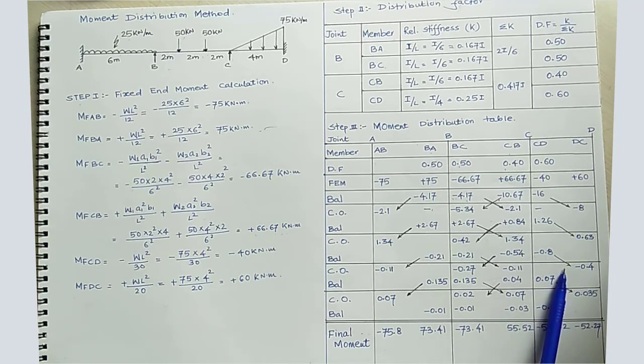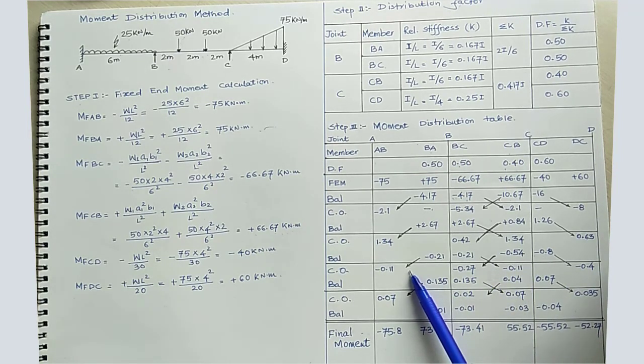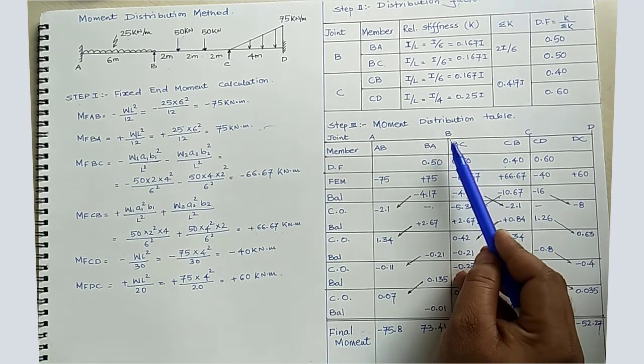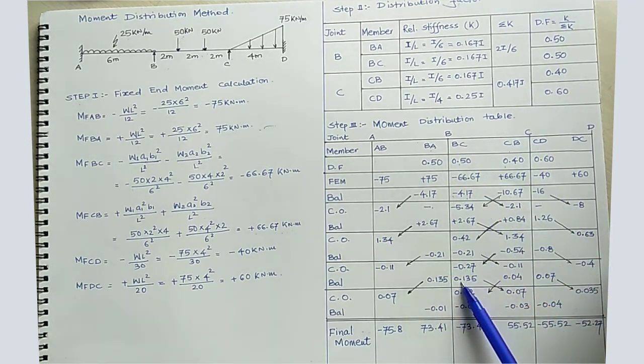Then again we perform the carryover. Then again due to this carryover, joints B and C get an unbalanced moment. Now again we have to balance it, and we have to perform this cycle until the balancing moment we get is near about 0.00, that is, minus 0.0 something.